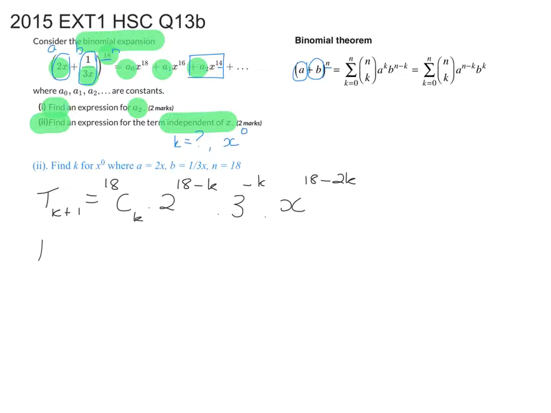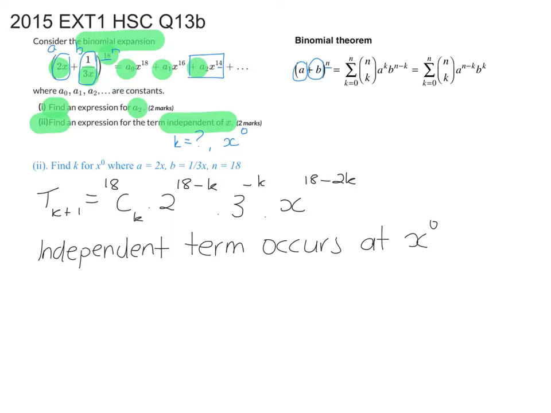As before, our independent term occurs at x to the power of 0, and so equating our x values and looking at their powers, we obtain our value of k that gives us back our constant term.